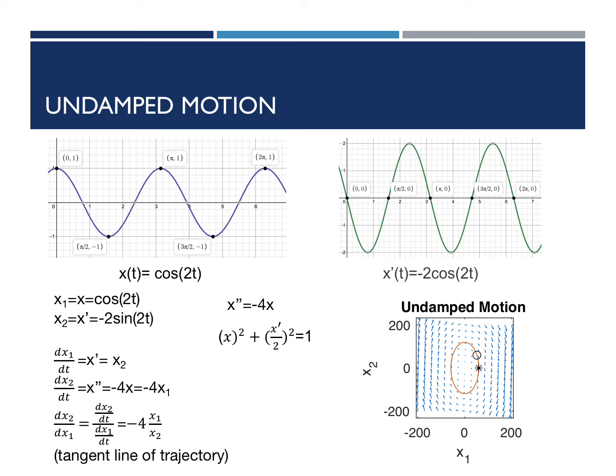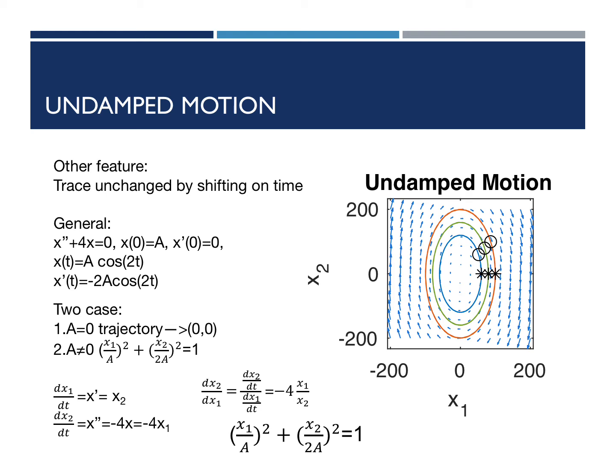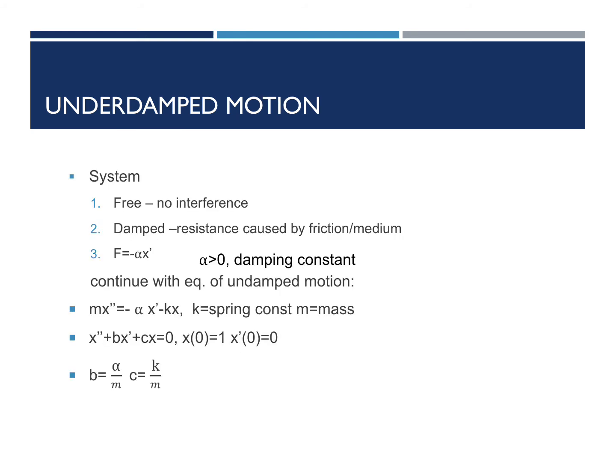And when t equals pi over 4, x1 equals 0 and x2 equals minus 2, and the tangent is 0, which is the bottom of the ellipse. If we change the initial position x of 0 to a, we get the equation of the general case, which is x1 over a squared plus x2 over 2a squared equals 1. And we can have different trajectories of x1 and x2 on the phase plane.